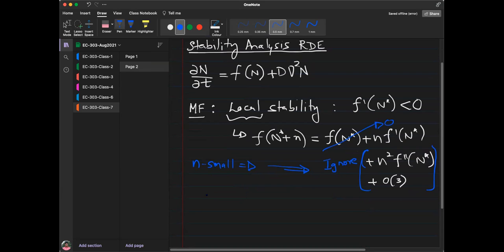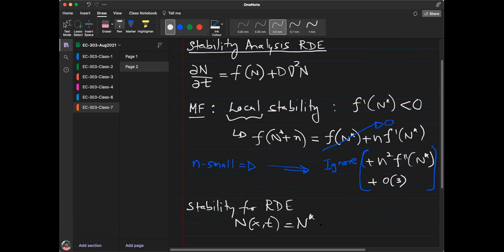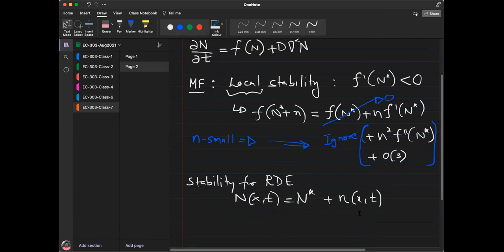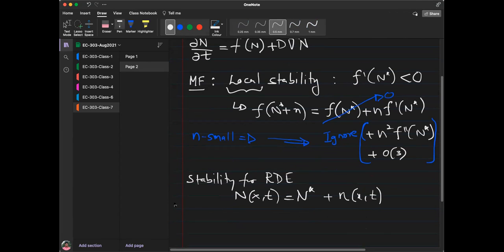Now, what about stability for the spatial system? For the reaction diffusion equation, remember what we did? We again considered n of x and t equal to n star, the mean field equilibrium, plus a spatially dependent small perturbation. Then we wrote down the following.